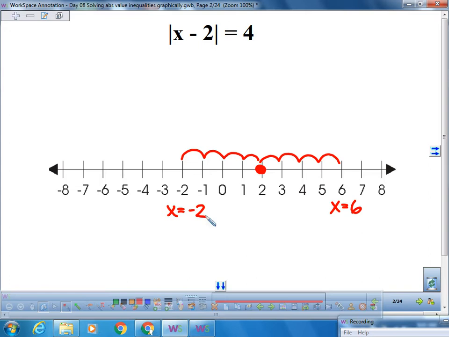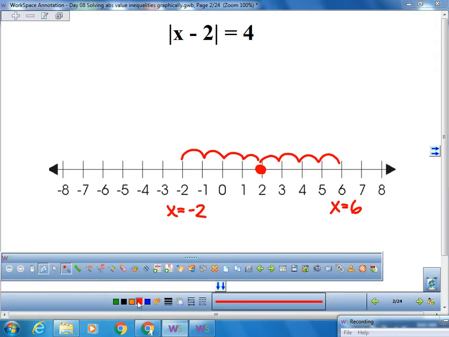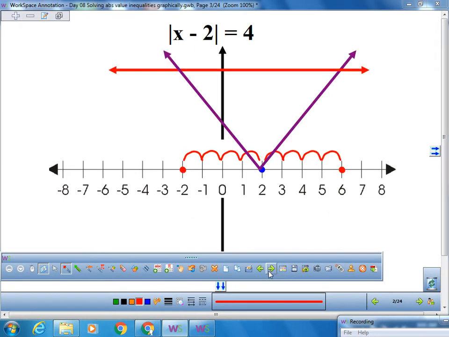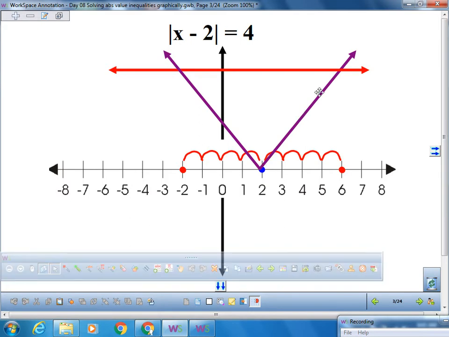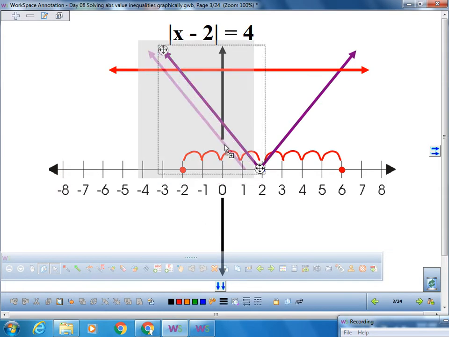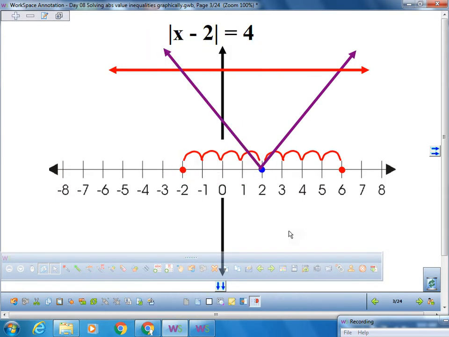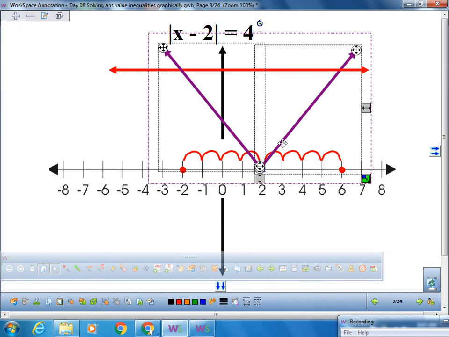So when we did this graphically, I have it on the next screen, I'm just going to pull it up. So graphically, we had x minus 2, which is a parent graph right here, with a rate of change of just 1. It's shifted over.